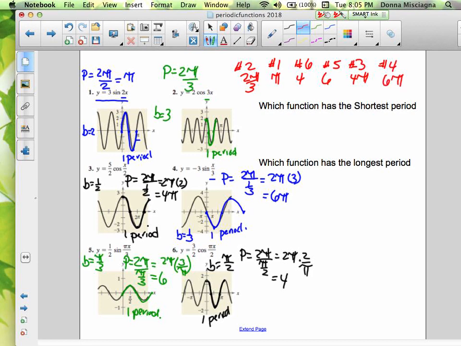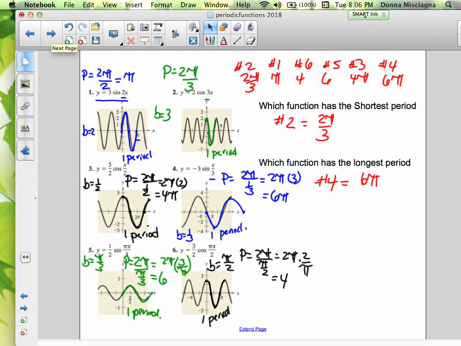So number 2 had the shortest period, and the longest period was number 4. Number 2's was 2 pi thirds, and number 4's was 6 pi. I hope you enjoyed our little game here. Who wins the race in terms of period?